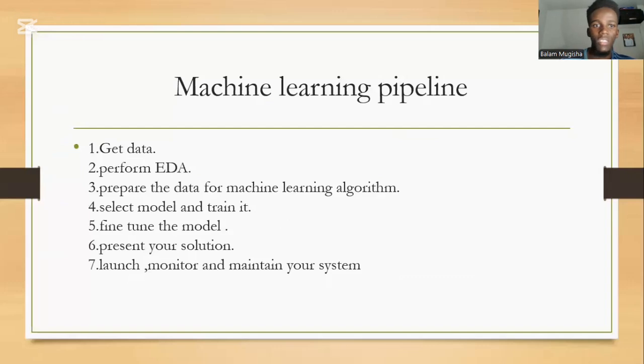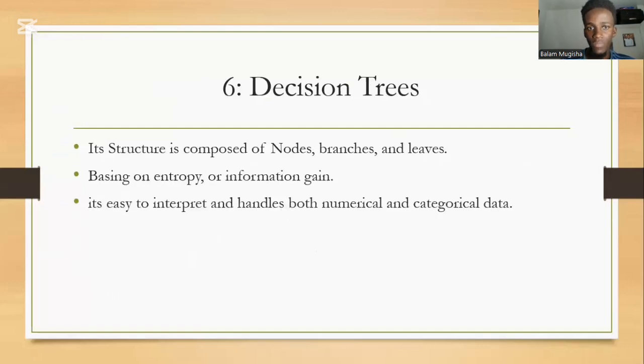Basically, they're telling us that decision trees are data structures that are composed of nodes, branches, and leaves. So we use algorithms like ID3, that is Iterative Dichotomiser, to draw these trees. So what strategy or criteria do we use when we are drawing these trees?